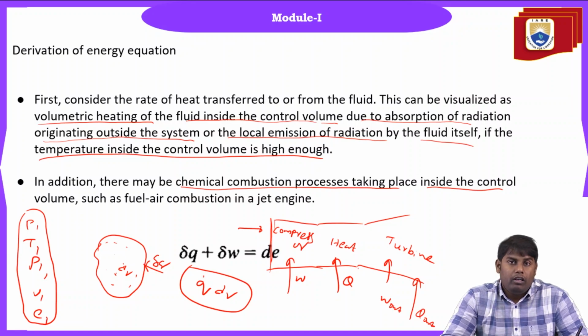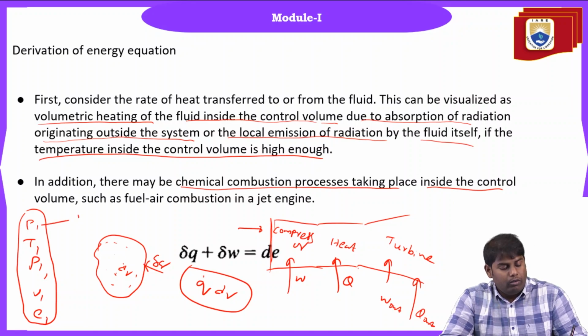So the thermodynamic changes happen from station 1 to 3. P1 changes to P2, T1 to T2, rho1 to rho2, V1 to V2, E1 to E2.